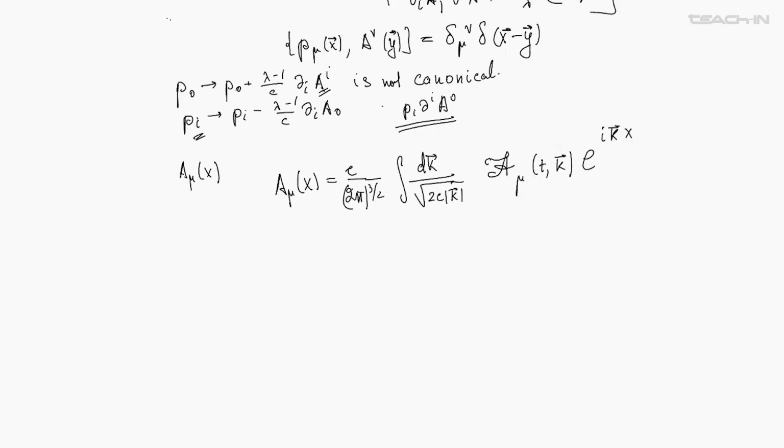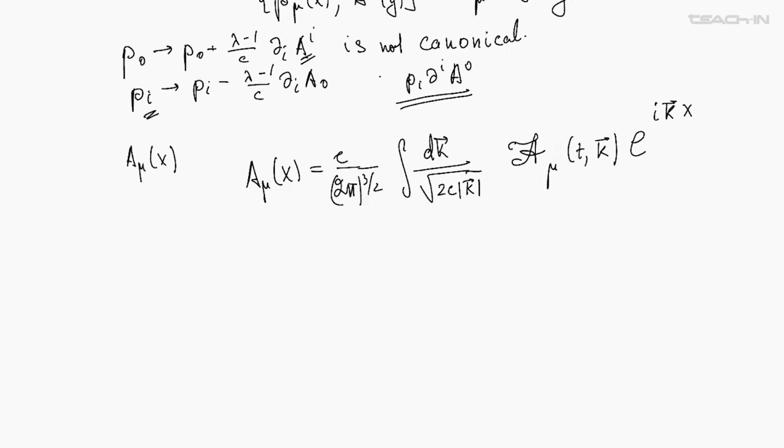Maybe I will say something about k. So k multiplied with x, this is the scalar product k_i x^i, and this is the same as minus k_i x^i because of the Minkowski metric.